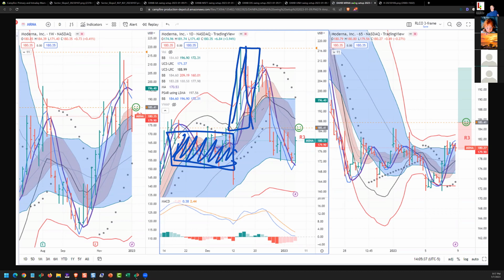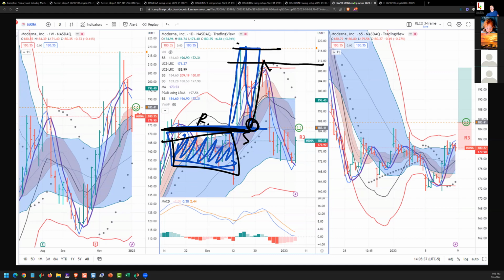Now notice, when they sold it down, it came and found support at the top of the trading range. So what was once resistance is now support. And then that support held, and it ran 80% of the way back up the stack.